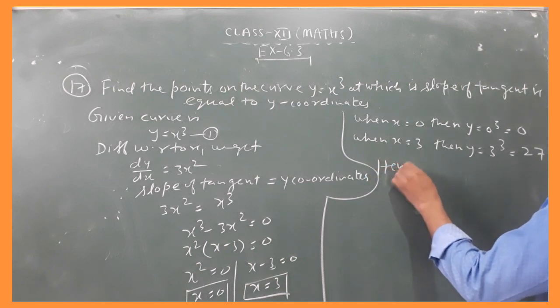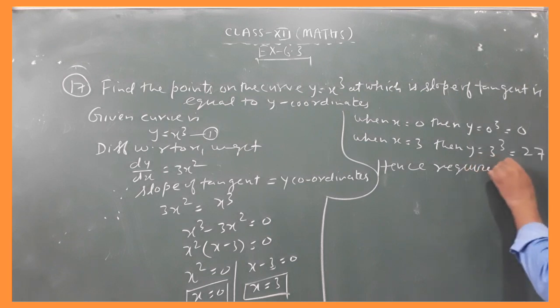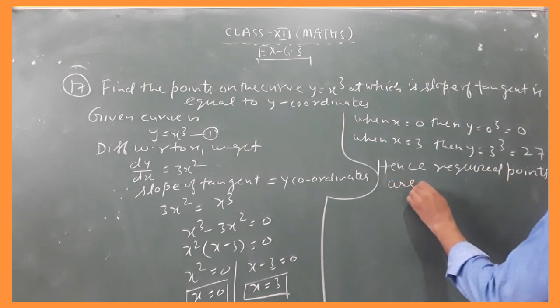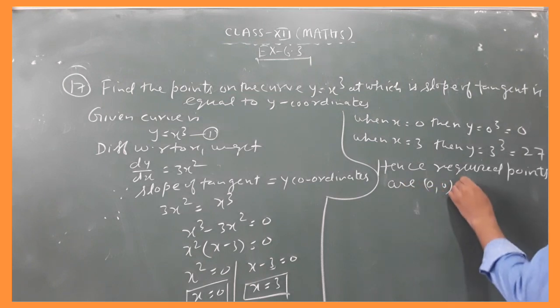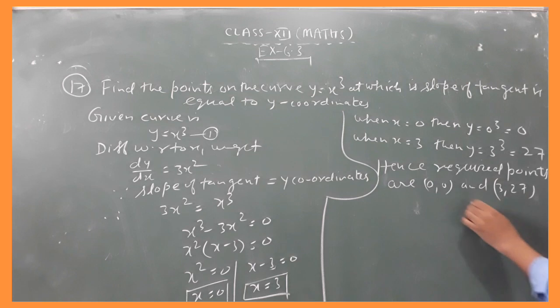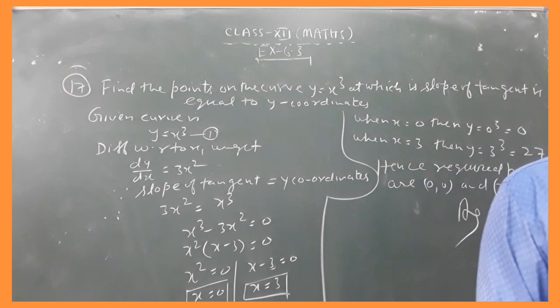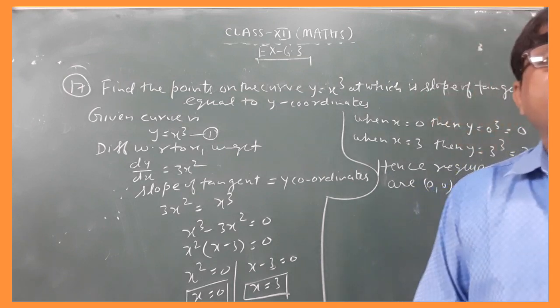Hence required points are 0, 0 and 3, 27. This is your answer, student. 0, 0 and 3, 27. Thank you, student.